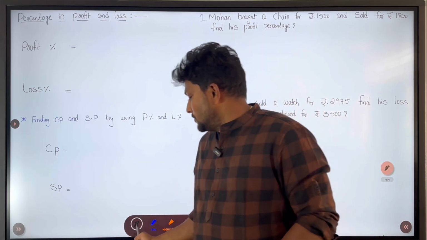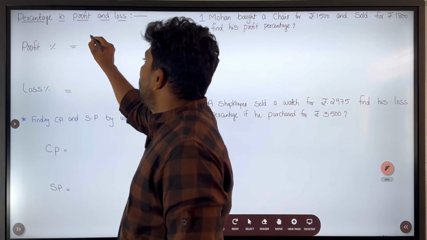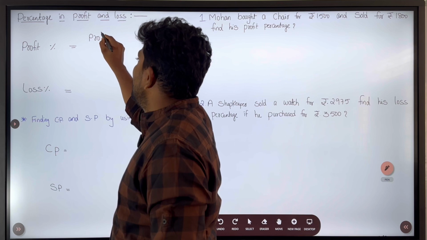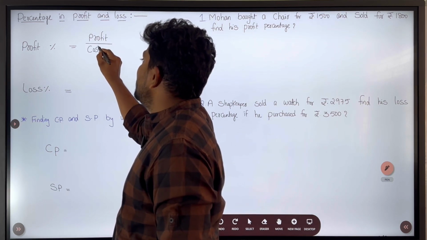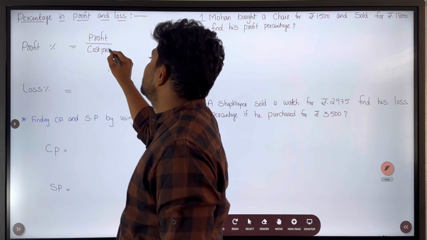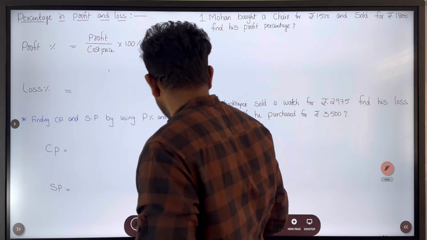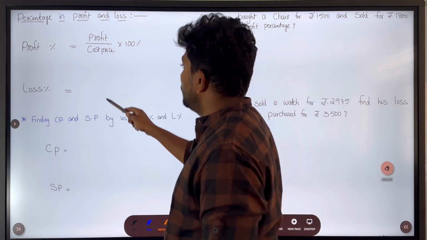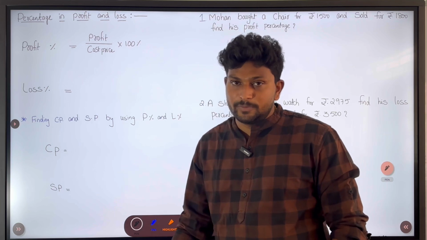Okay, so what is the profit percentage formula? Profit by cost price, profit by cost price into 100%. So in both cases, profit and loss percentage, we compare only with the cost price.